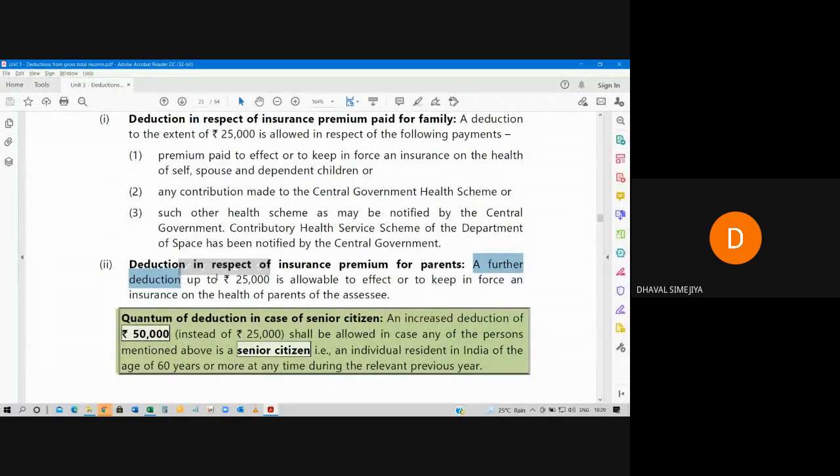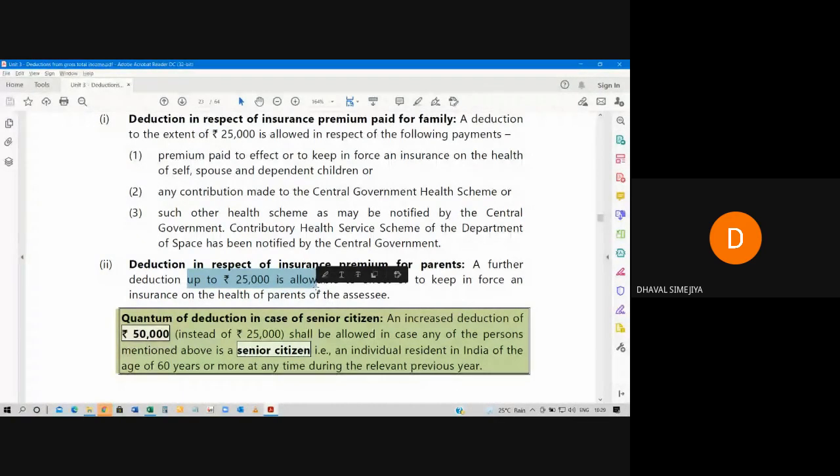Up to rupees 25,000 allowable to effect or keep in force an insurance on the health of parents. So 25,000 myself, 25,000 for parents. Total 50,000 rupees.